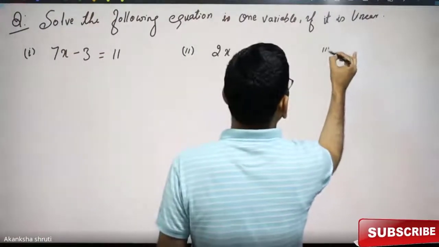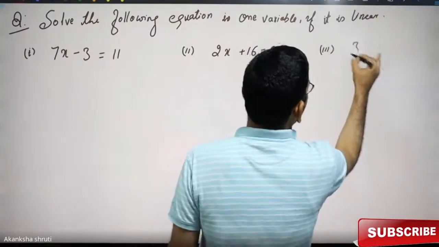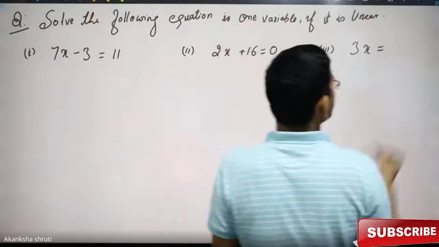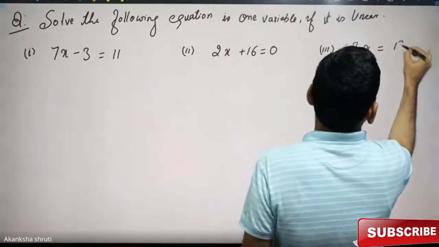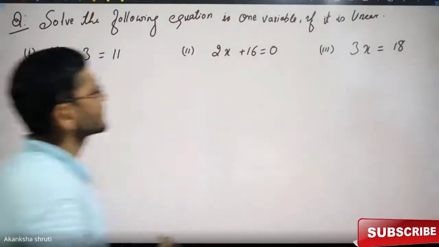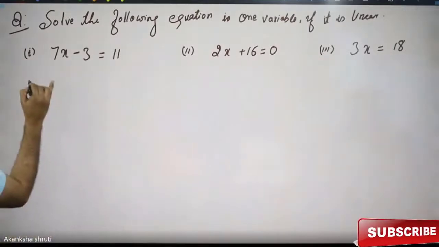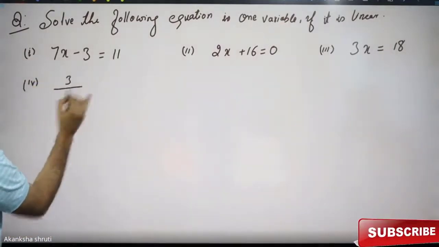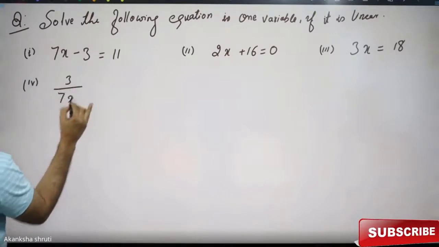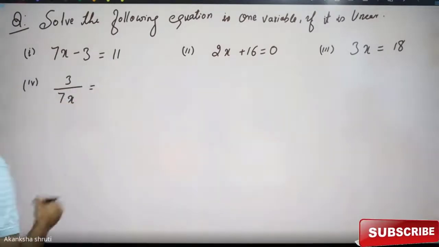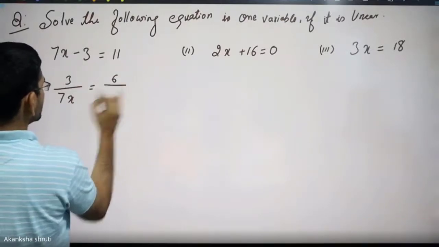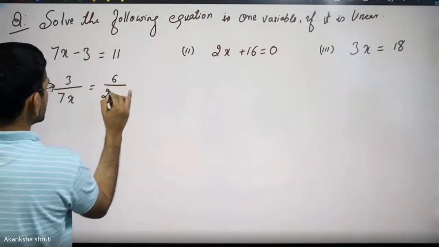The third one, 3x is equal to say 18. The fourth one, 3 by 7x is equal to 6 by 21.